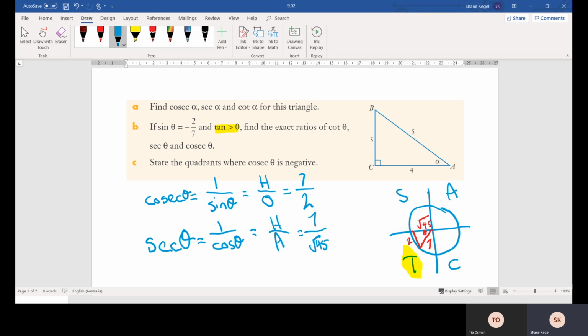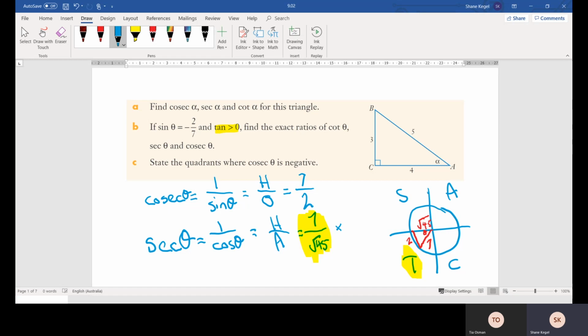With my fraction here, that's what we call an irrational denominator, so I want to get rid of that.